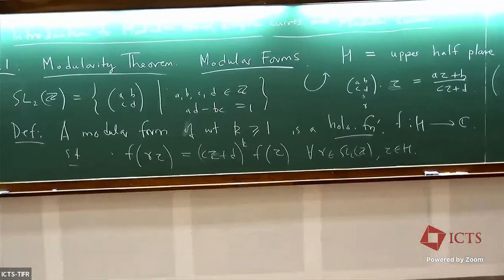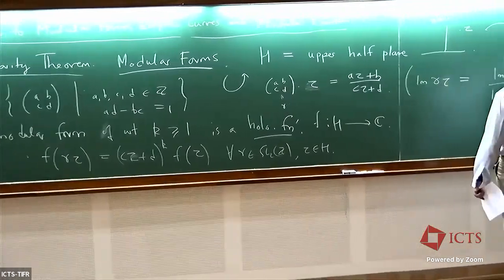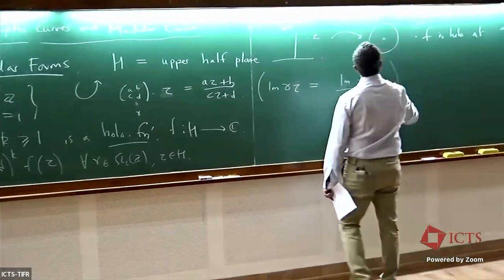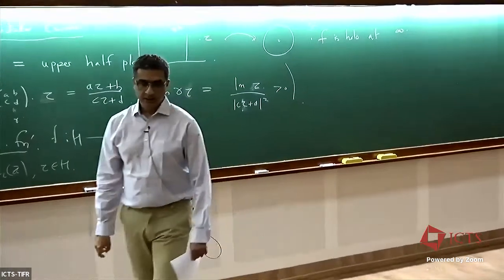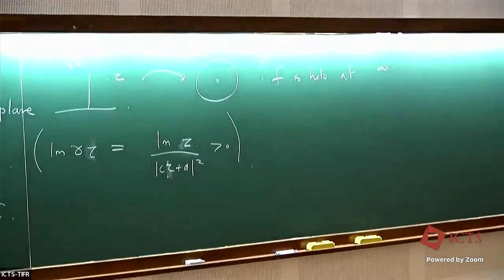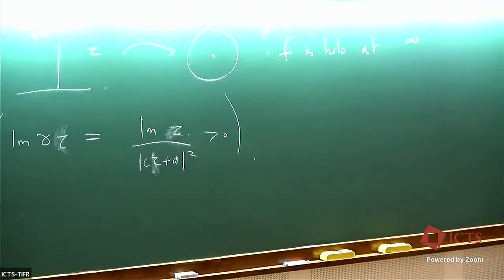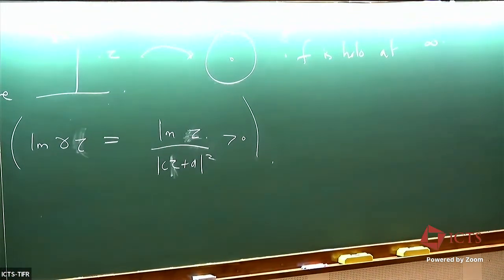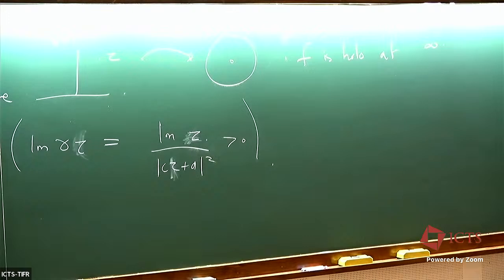So the upper half plane maps into the unit disk. Because of this identity here, this function is periodic. If you take gamma to be the silly matrix 1, 1, 0, 1, then this sends tau to tau plus 1. So f of tau plus 1 is equal to 1 to the power of k times f of tau.